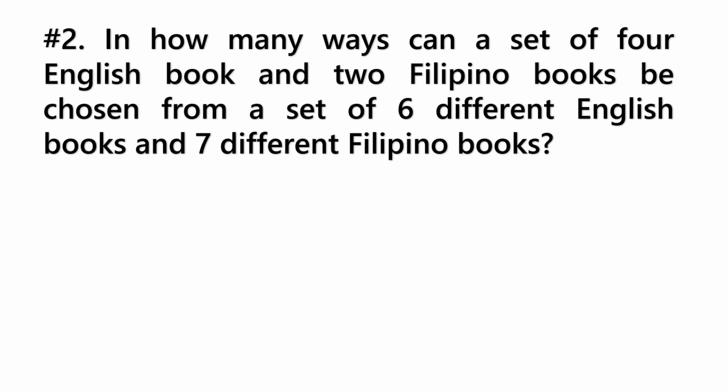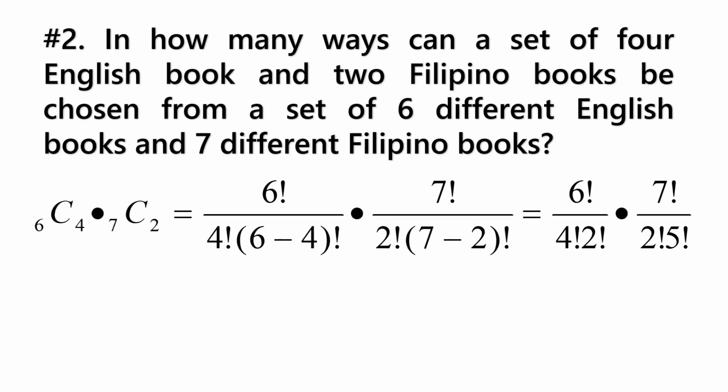At hindi ka pwedeng kumuha ng 2 Filipino books doon sa 6 English books. Remember that. So, ang formula na gagamitin natin dito is combination of 6 objects taken 4 at a time times nyo sa combination of 7 objects taken 2 at a time.